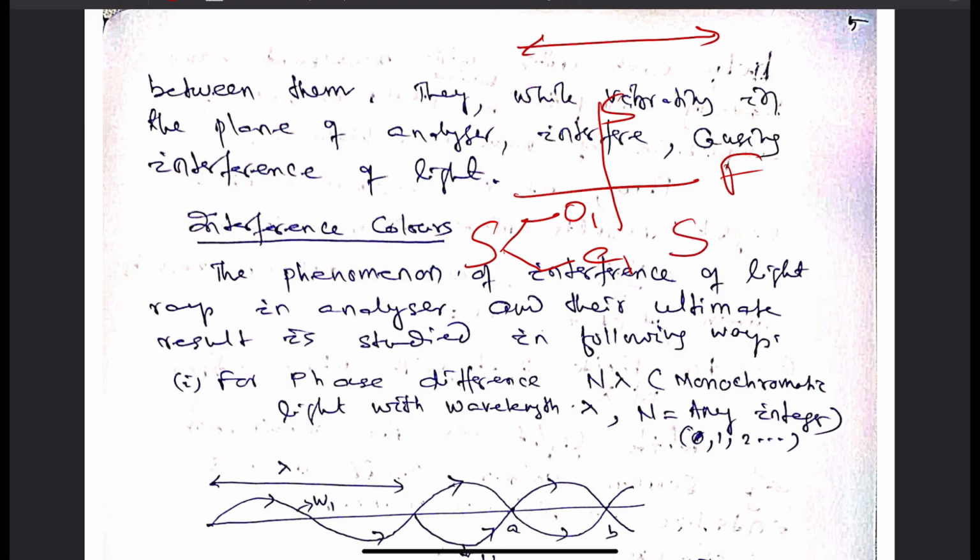From the fast ray there will be O2 component and E2 component. But the O1 and O2 components are eliminated as per the construction of the nickel prism, and only E1 and E2 components are allowed to pass through the plane of the analyzer.